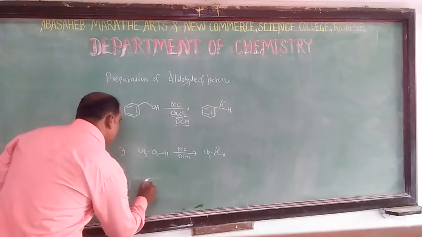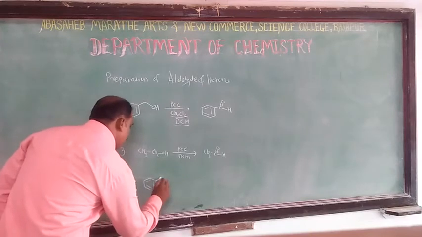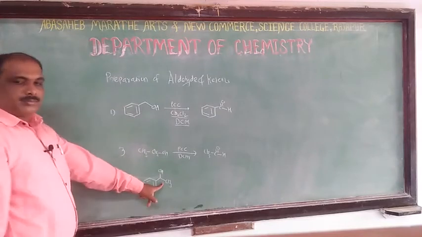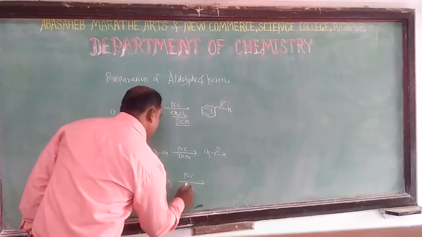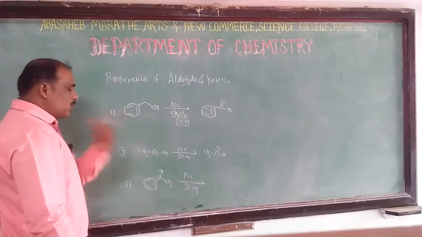Next, we have seen others. These secondary alcohols are treated with PCC in DCM, then converted into ketone.